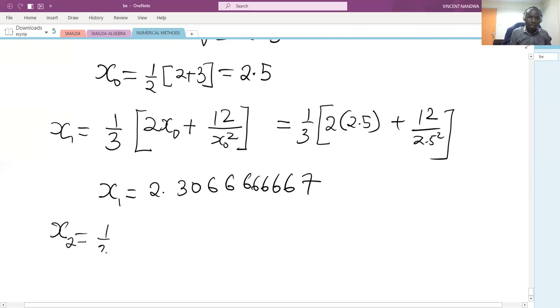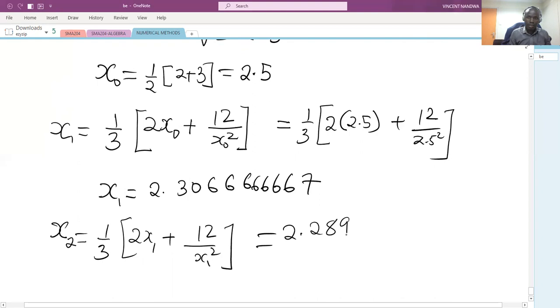x2 will be a third into 2x1 plus 12 over x1 squared, which is twice the answer plus 12 over the answer squared, times 1 over 3. That gives us 2.2895569889.